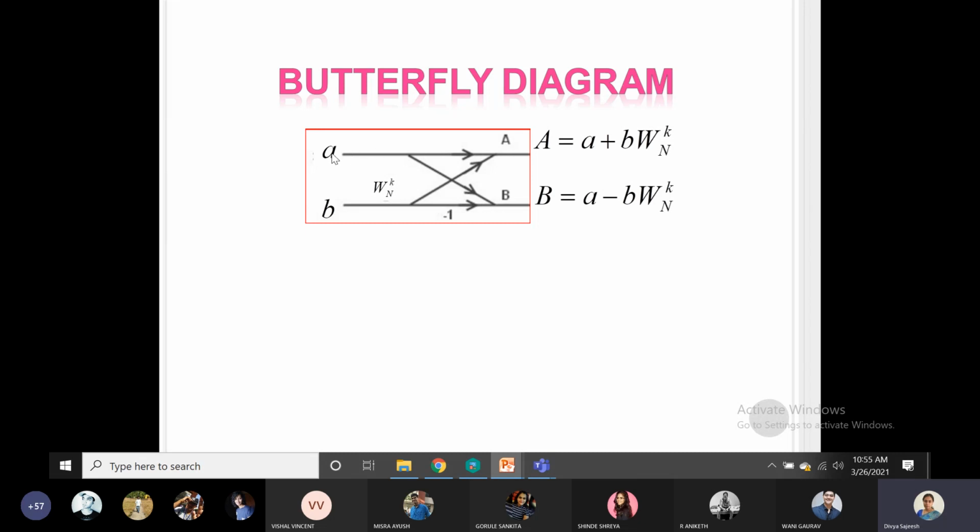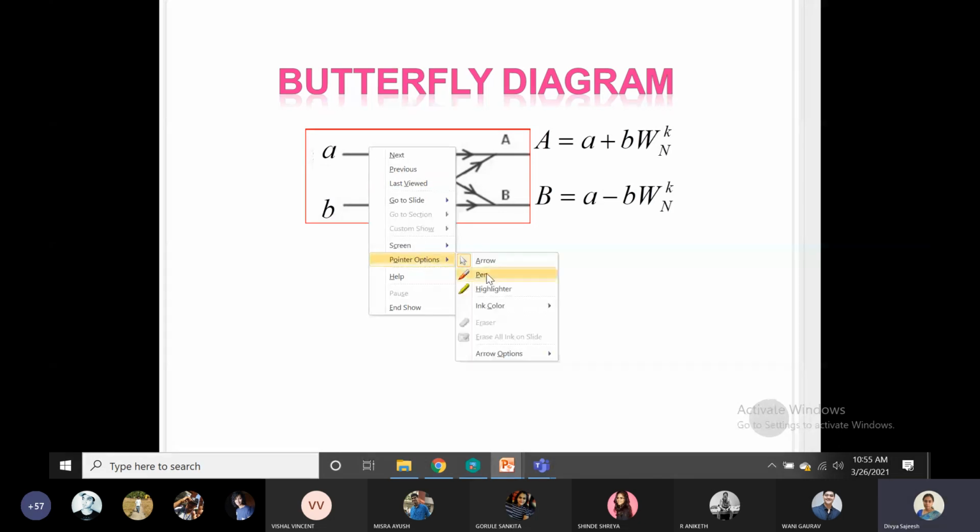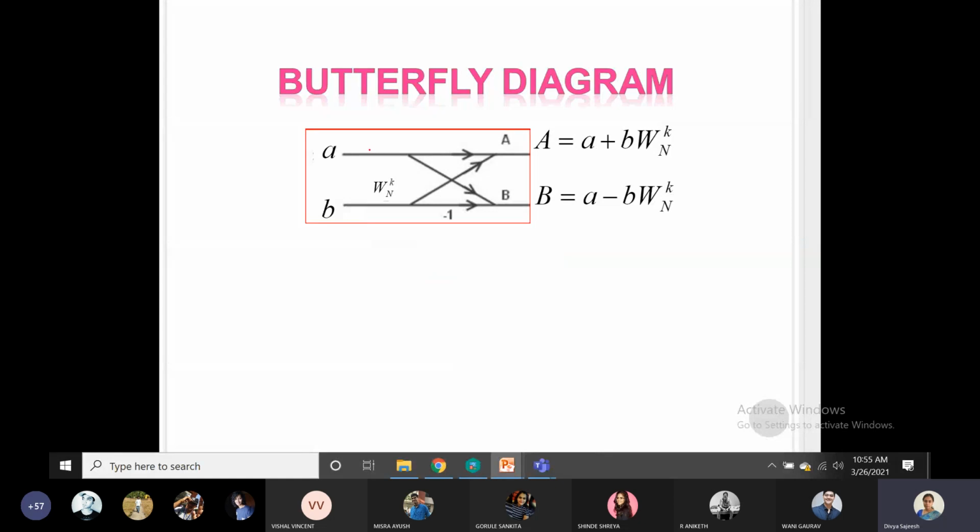That means a is the input, and it is multiplied by the magnitude of this branch, which we take as 1. So a into 1 comes at this terminal as a only. Now b is multiplied by the magnitude of this branch, W_N^k. So the input coming at this point will be b into W_N^k. Again, in the next branch, unless mentioned, we assume the magnitude as 1.